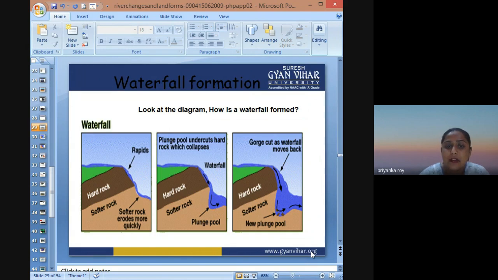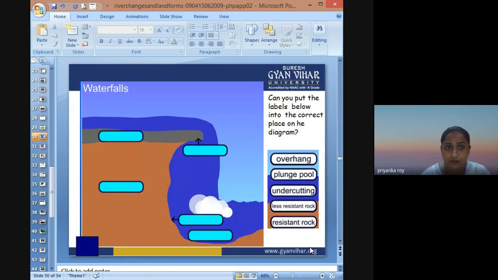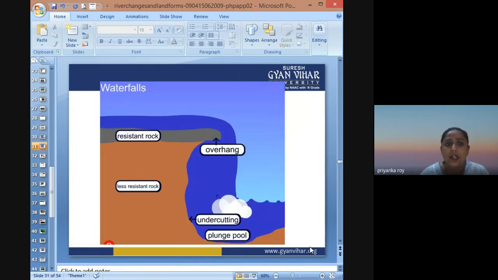So it makes a plunge pool, and further on, these plunge pools are eroded even more, and a new plunge pool and a gorge are cut, forming a waterfall along its way. Now if you see here, what is this?